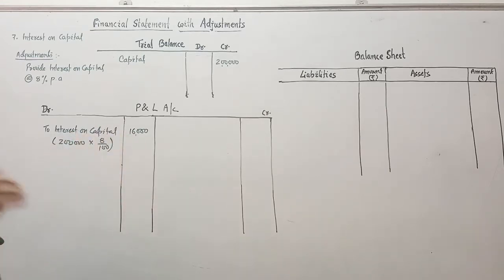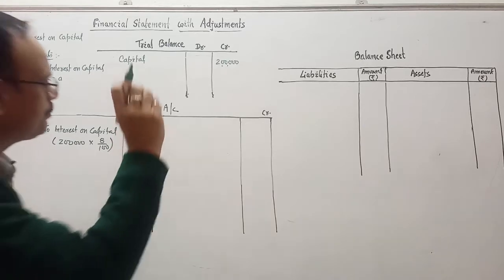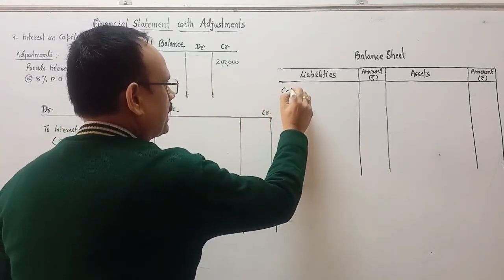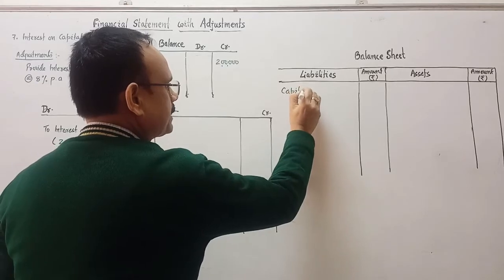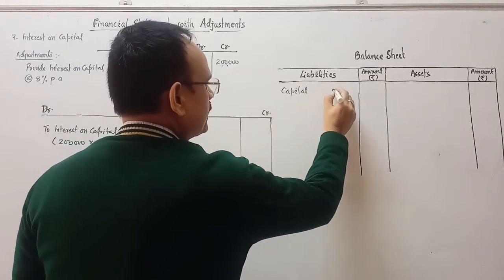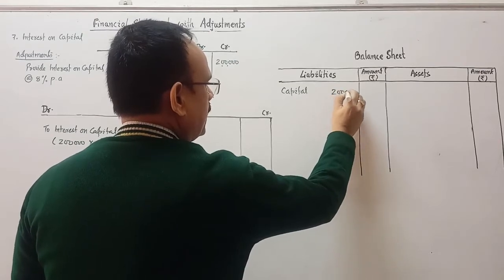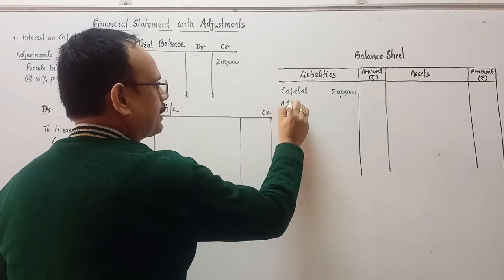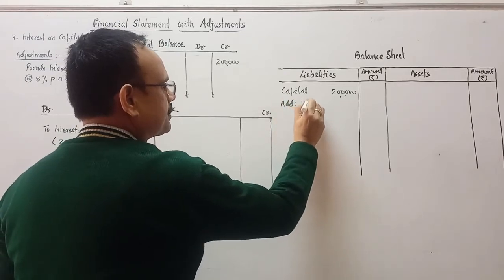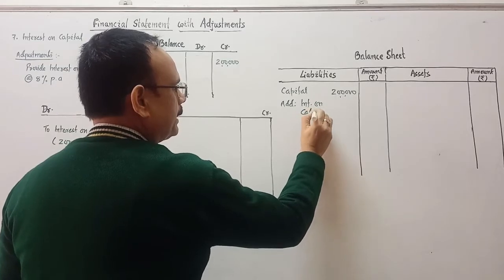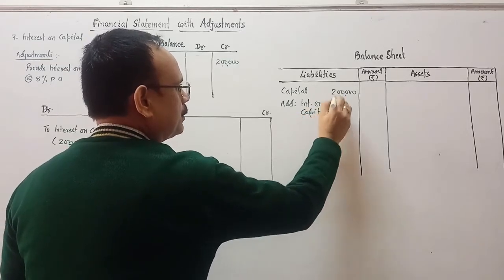In balance sheet what we will do, capital we write in the liability side. Capital is the internal liability of the business, so write the capital over here 2 lakhs, and you add interest on capital to the capital.